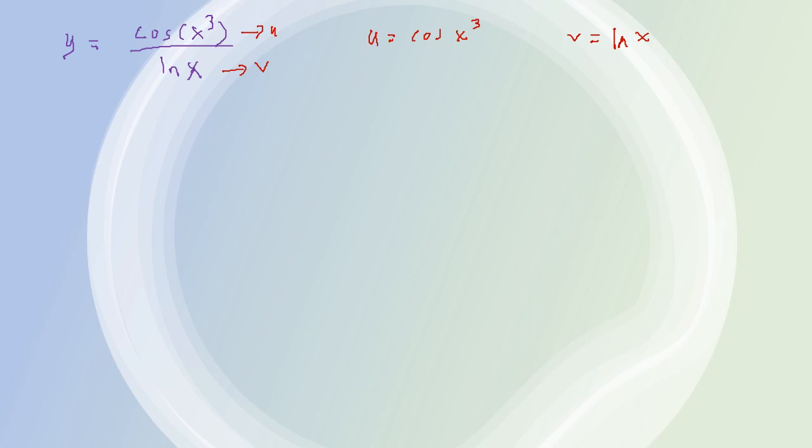Then u prime is equal to differentiate cos x to the power of 3. First we differentiate cos, we get negative sine x to the power of 3, and then multiply by differentiate x to the power of 3, we get 3x squared. So we can write it as negative 3x squared multiplied by sine x to the power of 3.